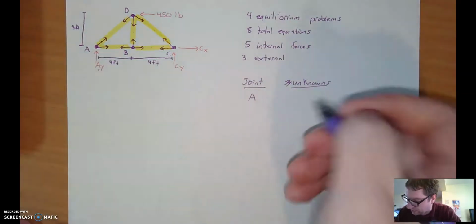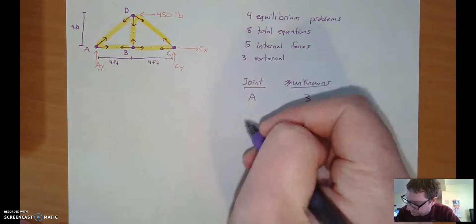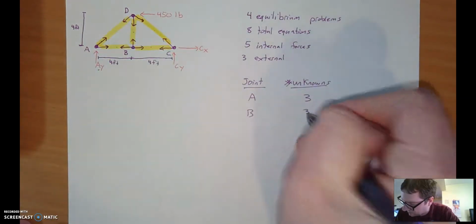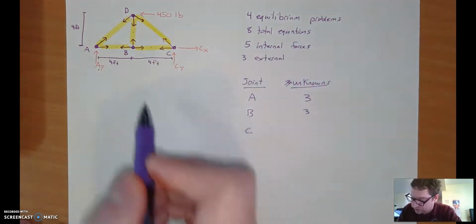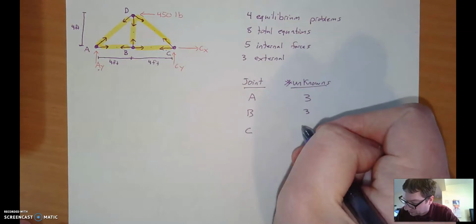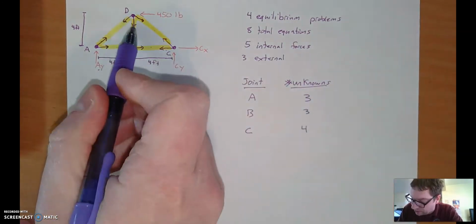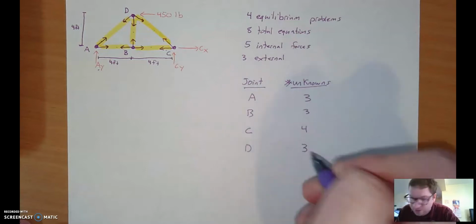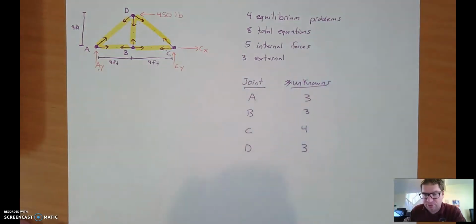We do not know AY, so that is an unknown. At joint B, I have 1, 2, 3 unknowns. At joint C, I have 1, 2, 3, 4. So CY and CX both count. And at joint D, I have 1, 2, 3. I know the 450, so that is not an unknown. So I do not have any joints that only have 2 unknowns.